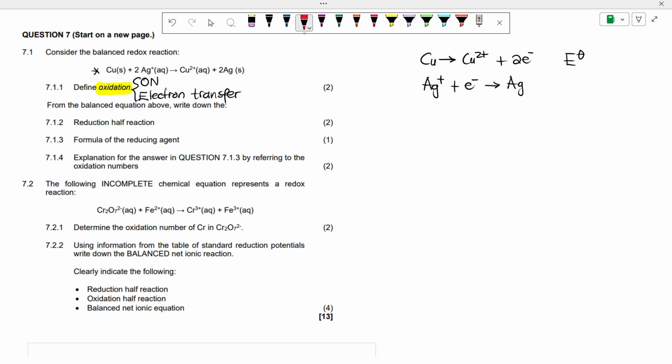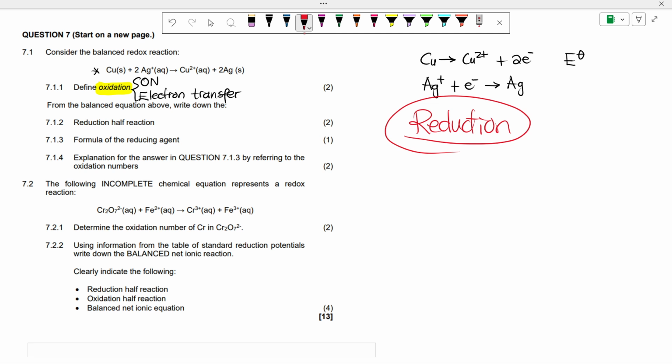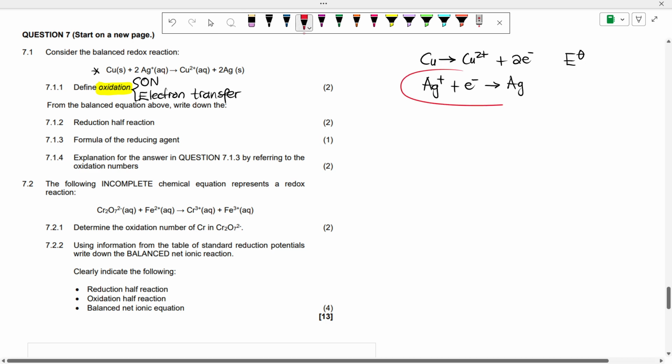Remember the standard reduction potentials. Standard reduction potentials always give you the half reaction in terms of reduction, in terms of the gaining of electrons. So we say that the one that stays reduction, this one is reduction, is the one with the highest E naught.